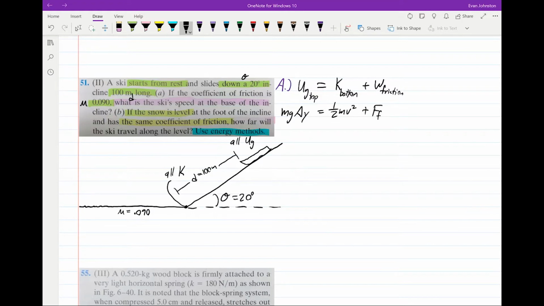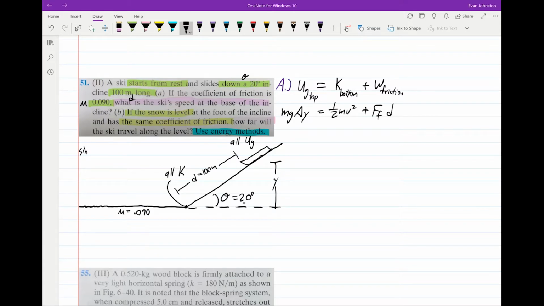So now we have the force of friction times d. Great. Okay, and we have no idea what the mass is. We're not told what that is, but we know g. We don't know what y is either. Y is essentially the height that the ski was up at. But since I know my distance and my angle, I could use sine. I could find y. Let's just do that right now.